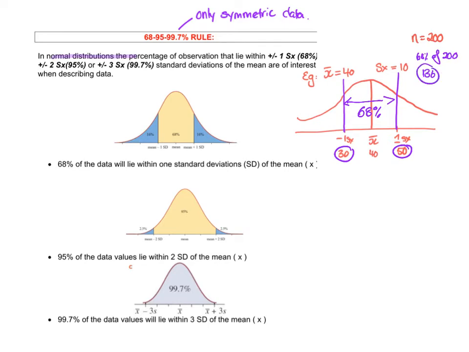So I know 136 people have a score between 30 and 50. So that's what you're going to get in questions. Now, if we had the whole piece of data, that would be 100%, wouldn't it, if we include everything. So if I take away those middle 68%, we're left with 32% left over. Can you see that?